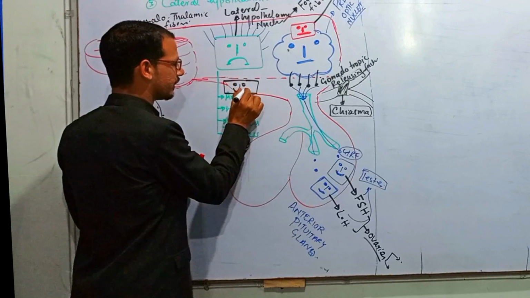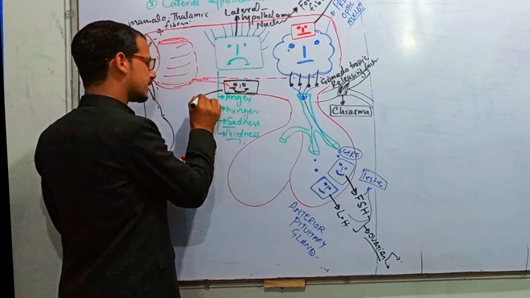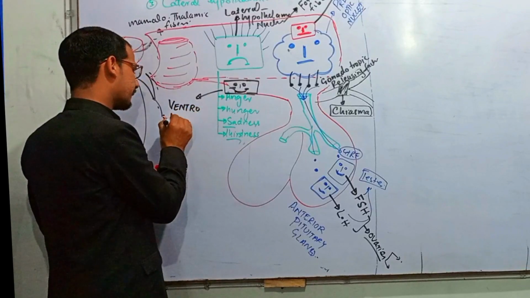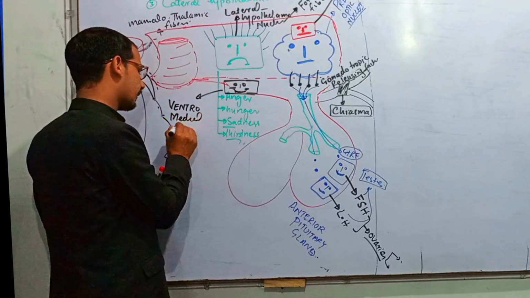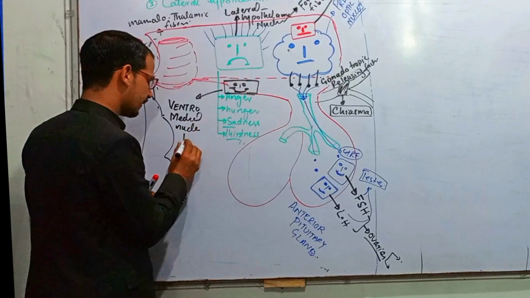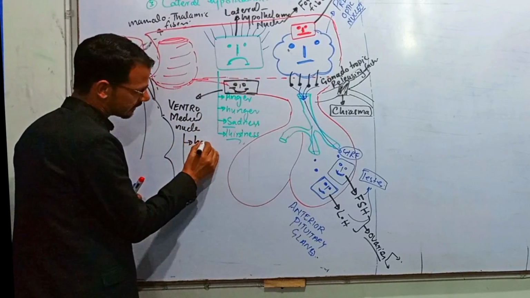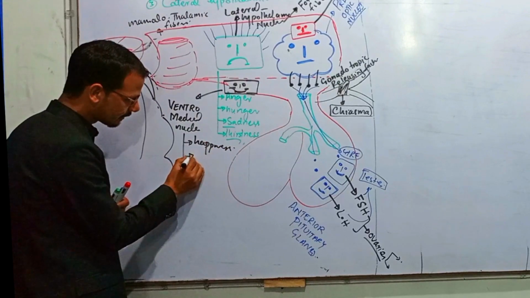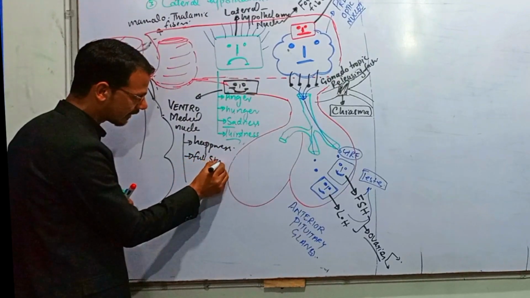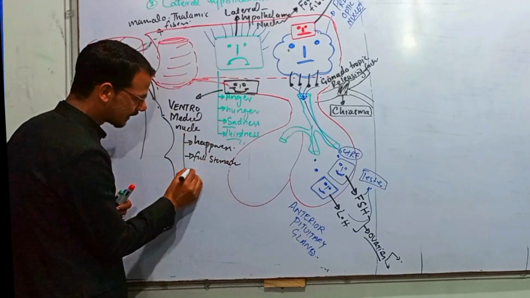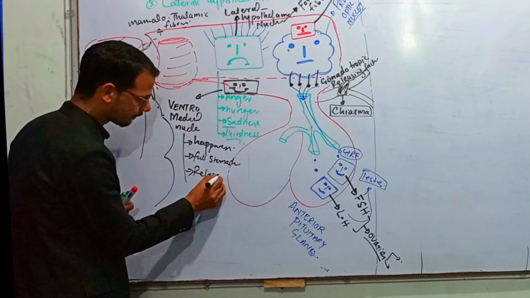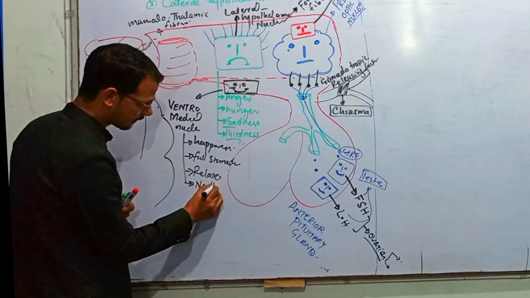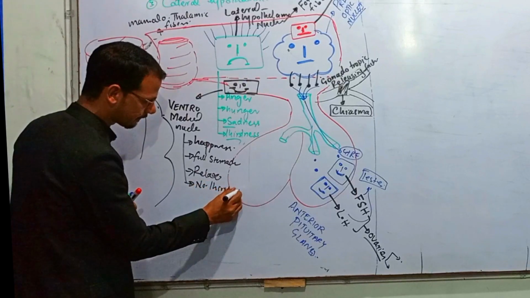This nucleus is very happy, right? And this is called the ventromedial nucleus. It is activated in happiness, when you have a full stomach, when you are relaxed, and when you have no thirst, right?